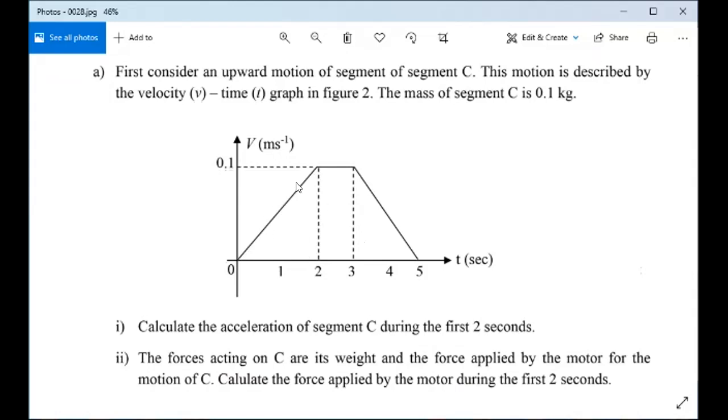Uniform acceleration, constant acceleration. Very good. What is the motion described from 2 to 3 seconds? Only 1 second. Constant velocity. In the final 2 seconds, from 3 to 5, constant deceleration.